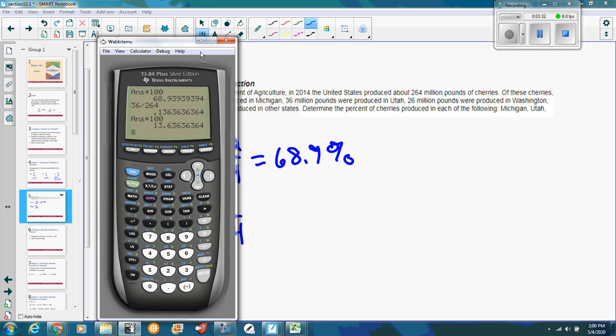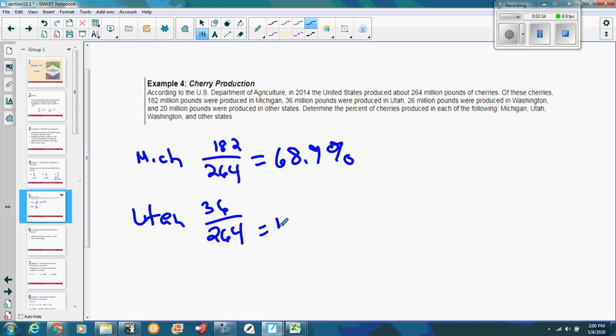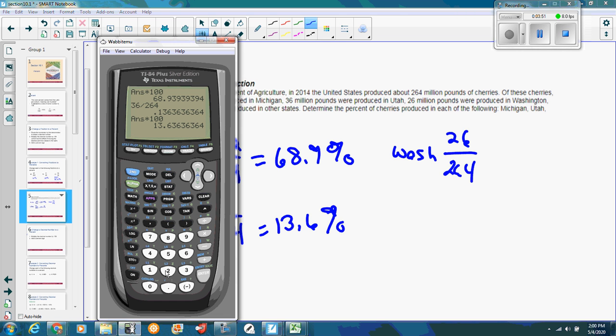So this would be 13.6%. And then for Washington, it would be 26 out of 264. So 26 divided by 264 times 100 gives me 9.8%. So this would be 9.8.